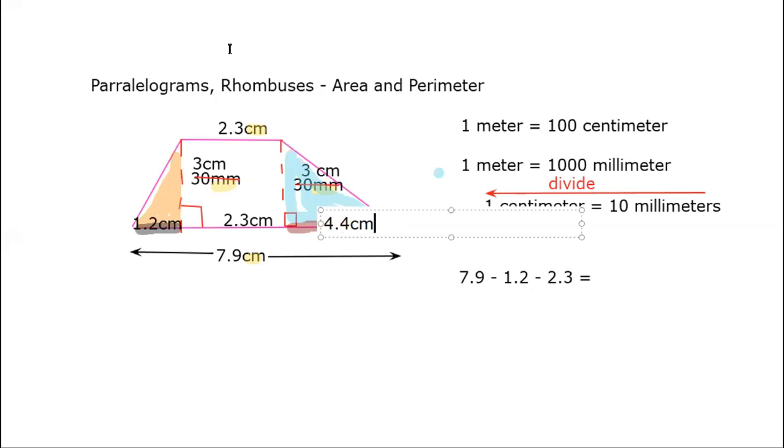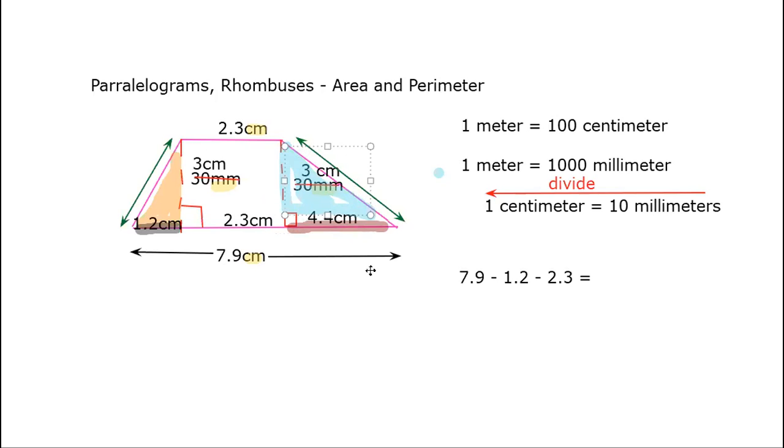Now, why did I need to know that piece of information? If I'm going to find the perimeter of this trapezoid, I have got to know this distance, and I have got to know this distance. Well, those are hypotenuses to those right triangles inside. I have to use Pythagorean theorem to figure out the length of that hypotenuse, because remember, this 3 centimeters is the height, not the length of the hypotenuse.